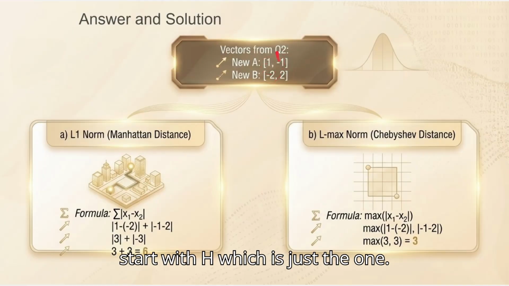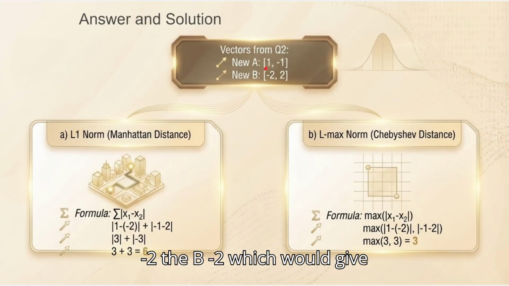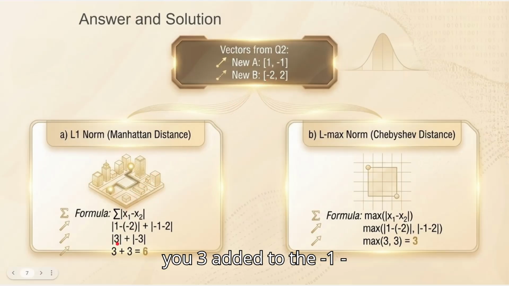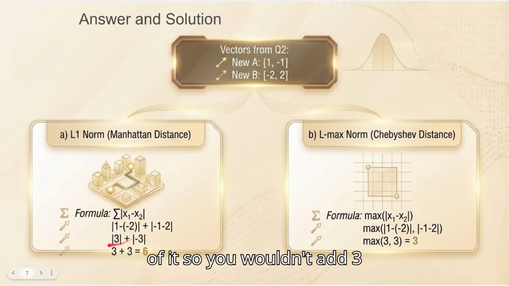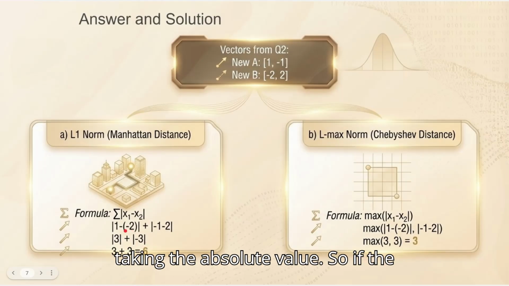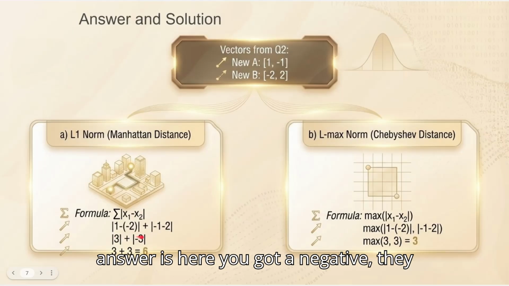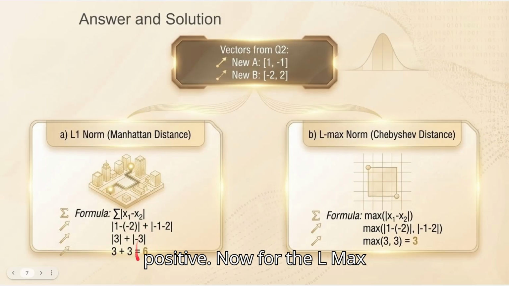So we first start with the age, which is the 1, minus the -2 of B, which gives you 3, added to the -1 minus the -2, which would give you -3, but you have to take the absolute value of it. So you wouldn't add 3 plus -3. You instead would add 3 plus 3, which gives you 6, because you're taking the absolute value. If the answers you got are negative, you have to change them into positive.